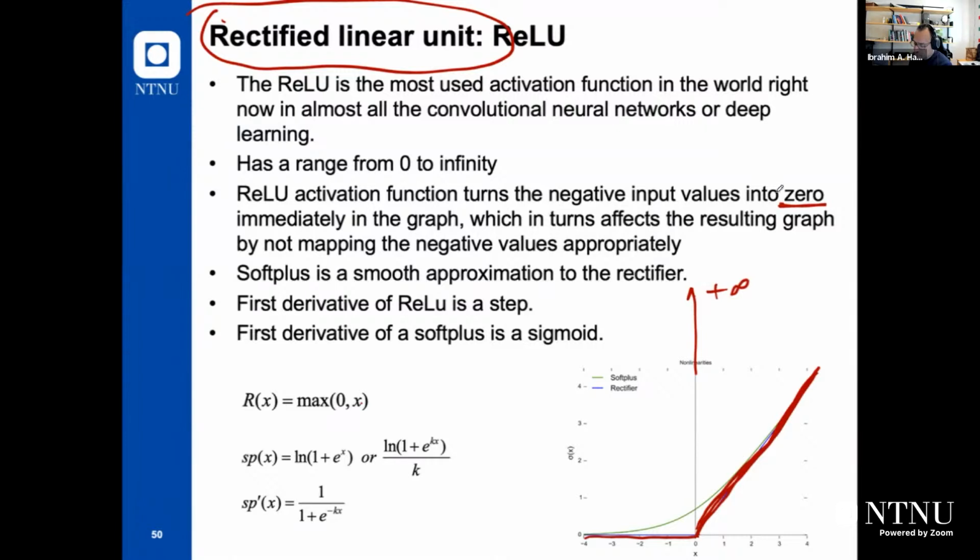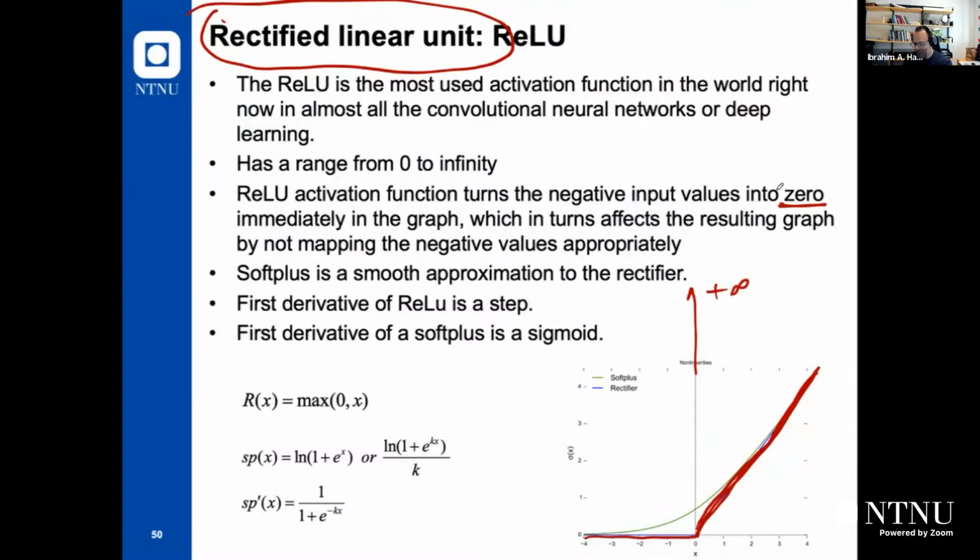So if your data set has some input features which are negative values, those negative values will be converted into zeros. You will lose those values. So when you are selecting the activation function, it's very important to look into your data, because it will not map negative values. All negative values will be converted into zeros, but all positive values will stay as they are.